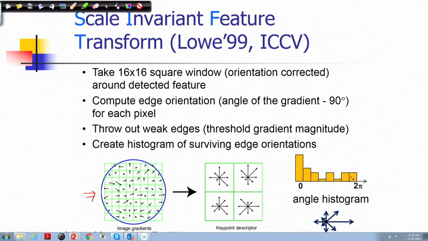In this case, as you can see from the diagram, there are 8 directions, so there will be 8 intervals, each of 45 degrees, pi by 4, and within them you bin the directions to get the histogram. The length of the vector in this diagram shows the number of pixels, or you can even add the gradient magnitudes, to get that angle histogram.